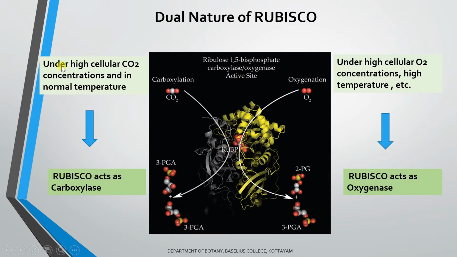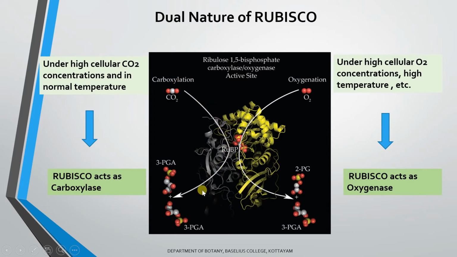Under high cellular carbon dioxide concentration and in normal temperature, Rubisco acts as carboxylase, or Rubisco catalyzes carboxylation of RuBP. When Rubisco catalyzes the carboxylation of RuBP, the active site of Rubisco is occupied by carbon dioxide.